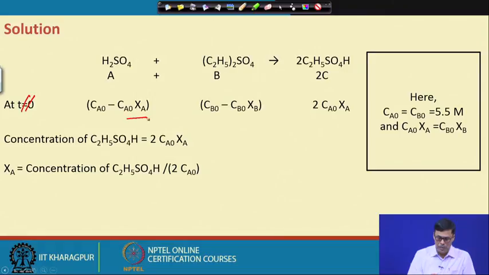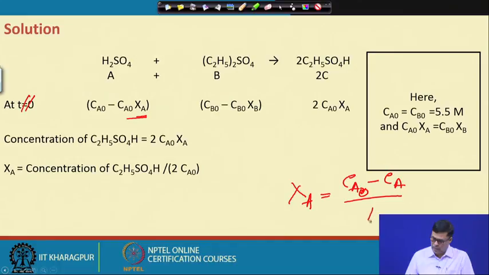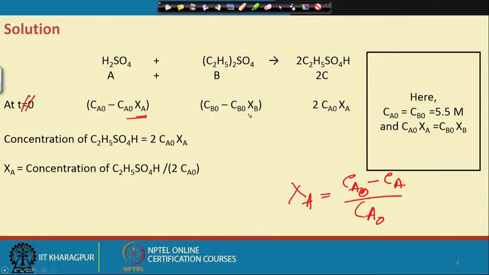Let us assume Xa is the conversion. I told you previously also, Xa is the fraction of the substrate that is converted, and this is how the product formation takes place.